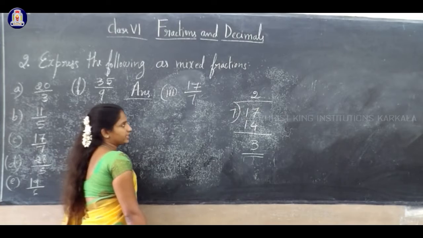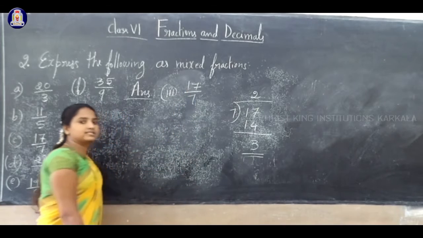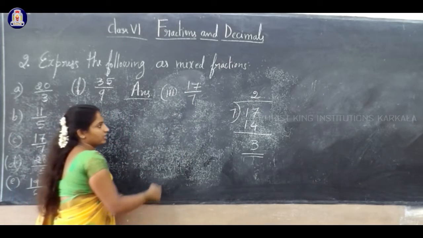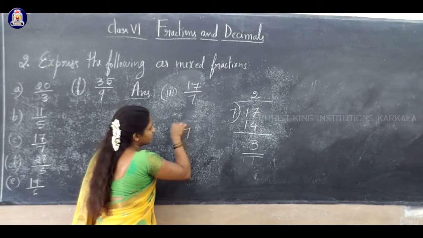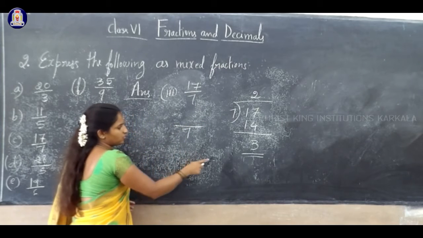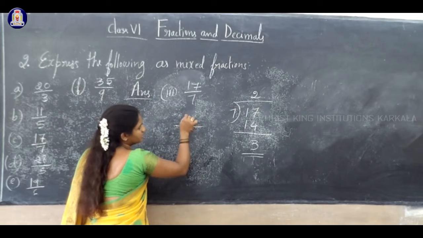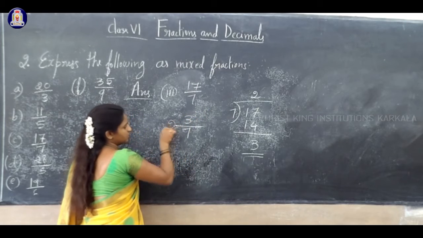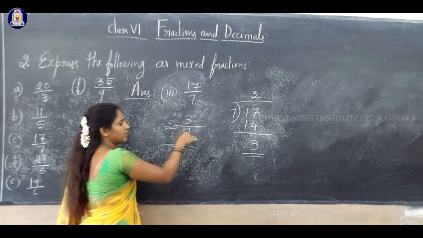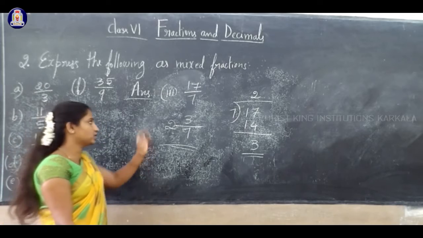Now can you write this improper fraction as a mixed fraction? Yes, the denominator is 7, as it is. The remainder is 3 and the quotient is 2, so 2 3 by 7 is the mixed fraction of 17 by 7.